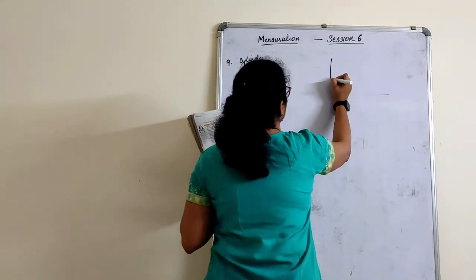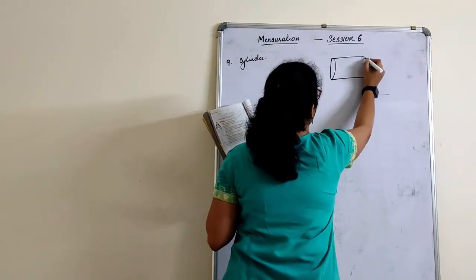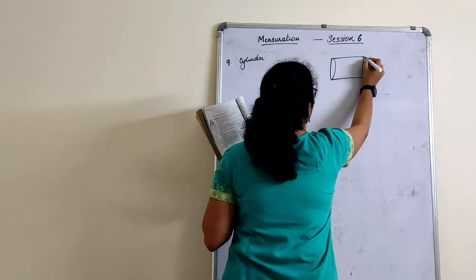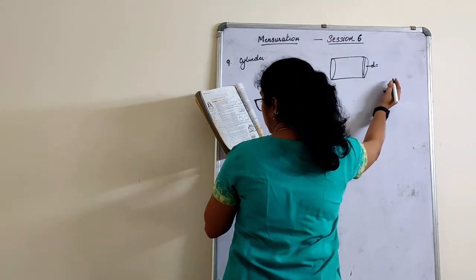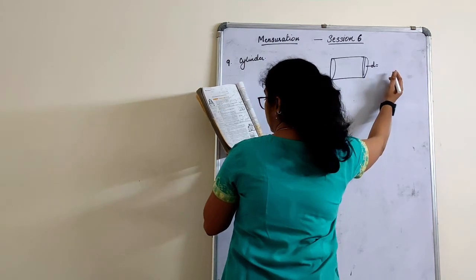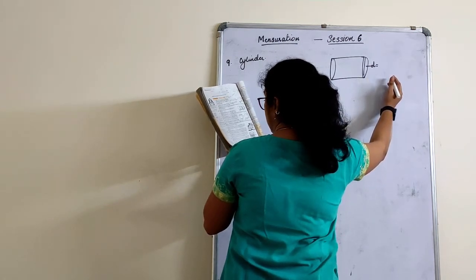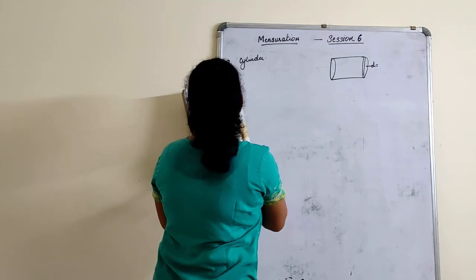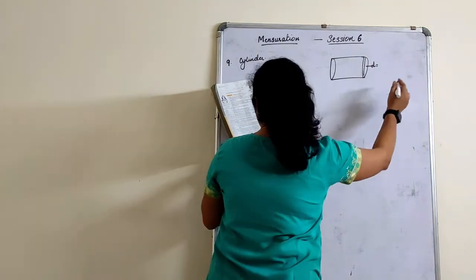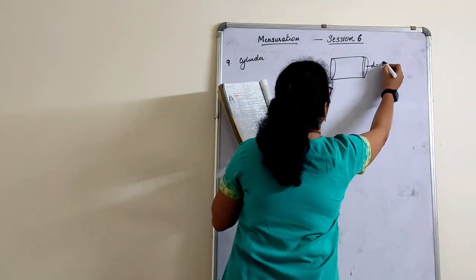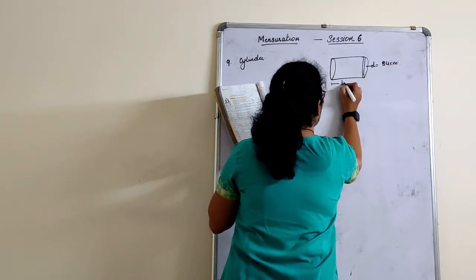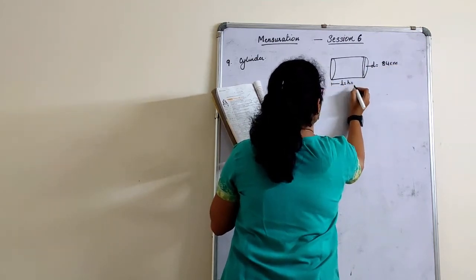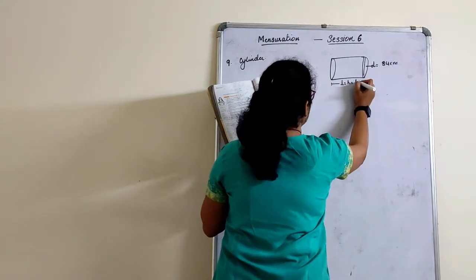So if I assume that this is a road roller, the diameter is given as 84 centimeter, and the length of the road roller, length is nothing but height, is equal to 1 meter.